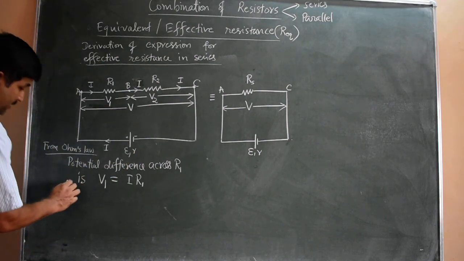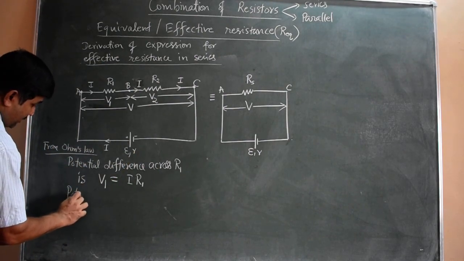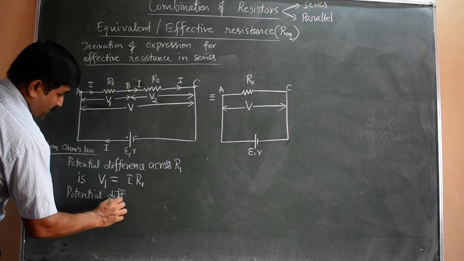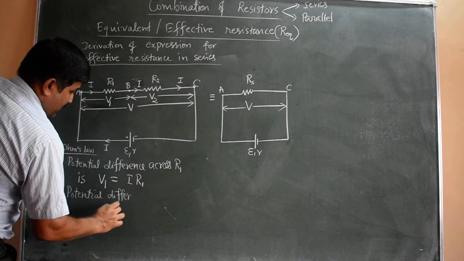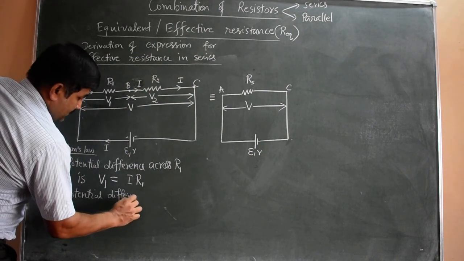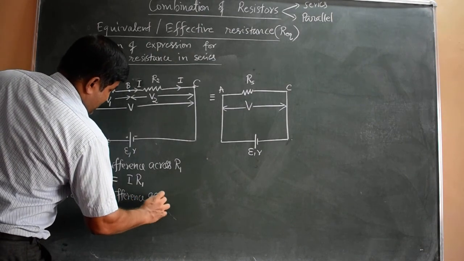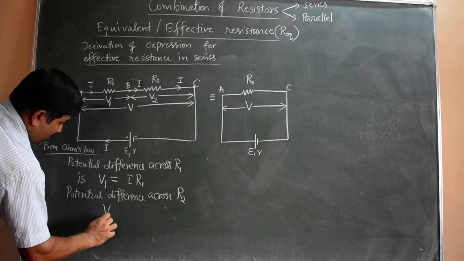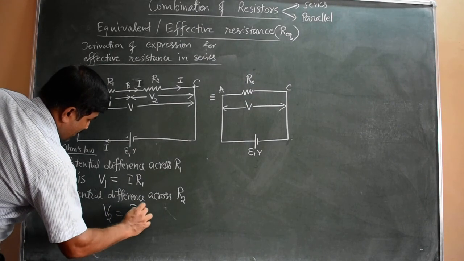Similarly, we can write the potential drop across R2. That is V2 equal to I into R2.